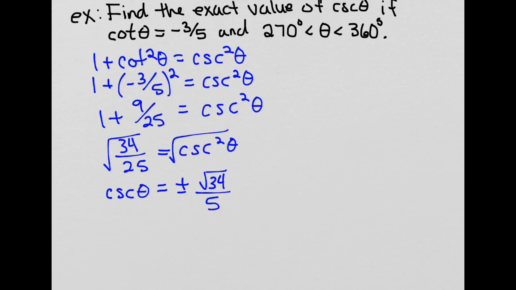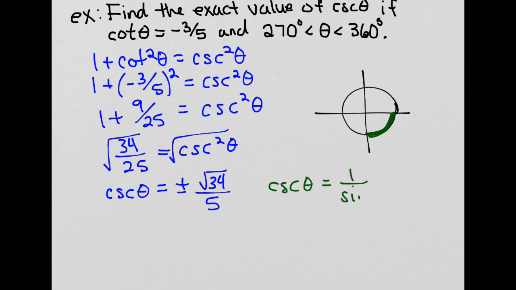Okay, so again, we don't know whether the cosecant is positive or negative. So we look at our little angle range. If we look at our unit circle, between 270 degrees and 360, that's this right over here. Recall that cosecant is 1 over sine, and sine is the y value.